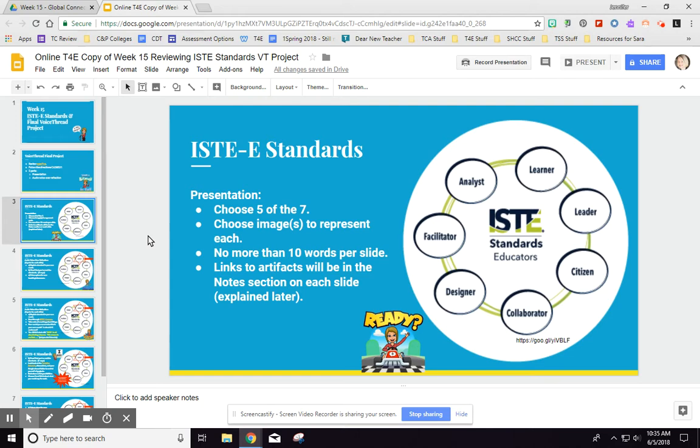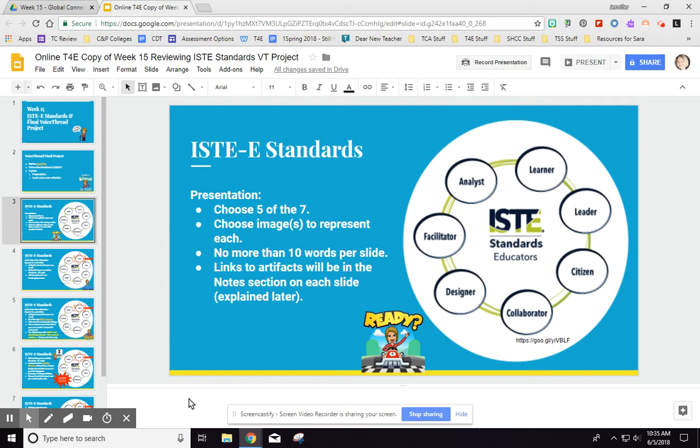The other thing that you do need to do is, as I'll explain a little bit later, you're going to have to give me 2 different ways that you have met this standard throughout the semester, and you need to have links to artifacts in the notes section on each slide. So this is the notes section on your slide.